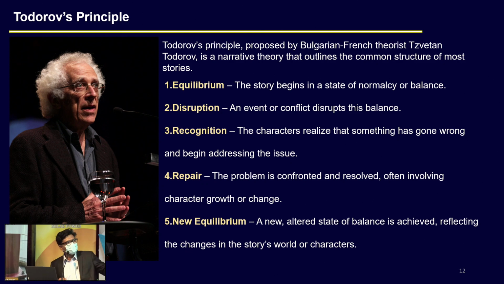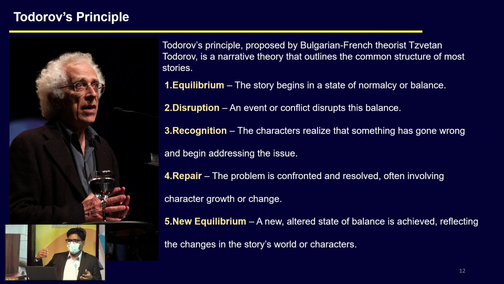According to him, any story would have an equilibrium point. Imagine a movie starting point, everybody is very happy, living happily, maybe breakfast is there, and then a car comes and they are going to school. So that's the equilibrium. Then there is a disruption.